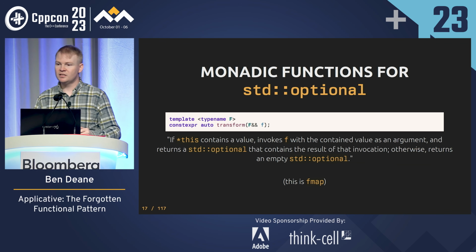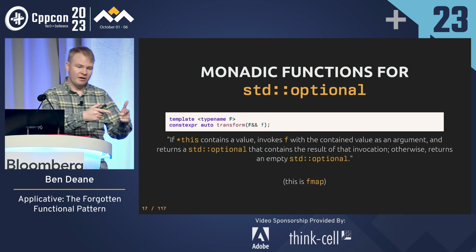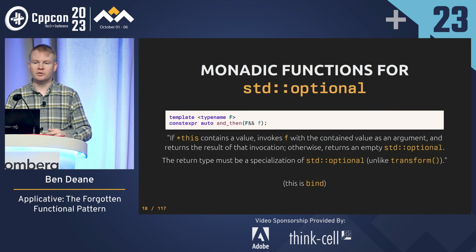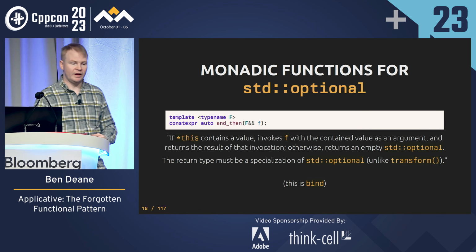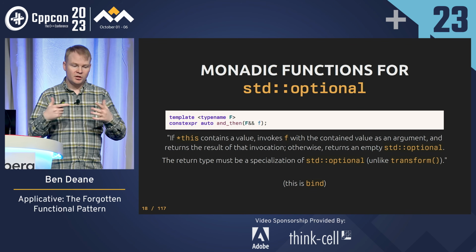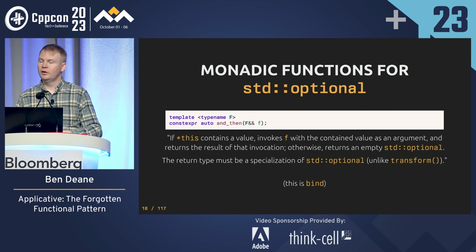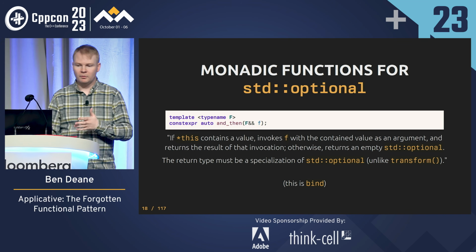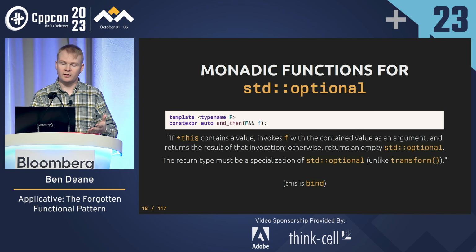So in the transform case, we're returning a regular value from f, and in the and_then case, or bind, we're returning an optional value, right? And I'm saying optional, of course, because that's sort of like the canonical example to think about. But as we'll see in this talk, there are many things that are functors, that are monads.